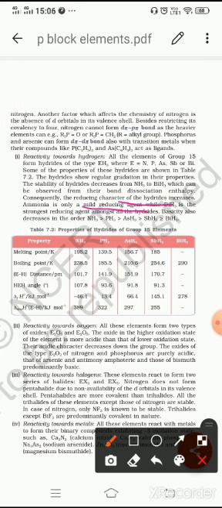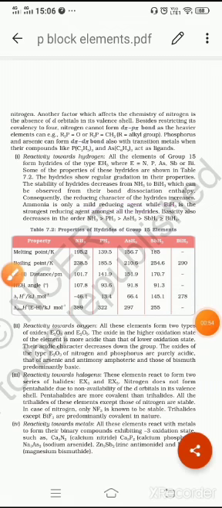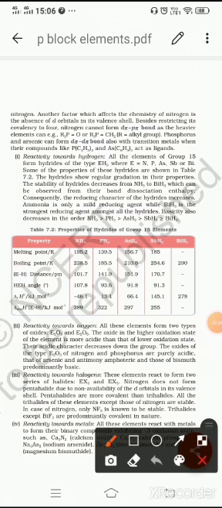The next and last property is basicity. Basicity means the ability to share electrons. This ability to share electrons down the group decreases. The reason is very simple. The ability to share the electrons of the lone pair present on the central atom decreases due to increase in size.